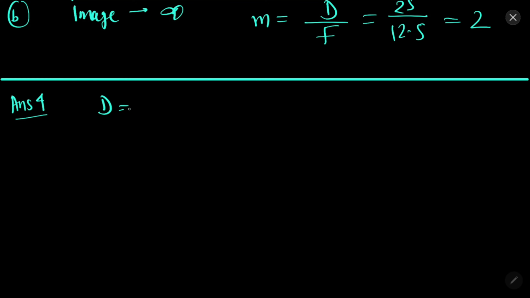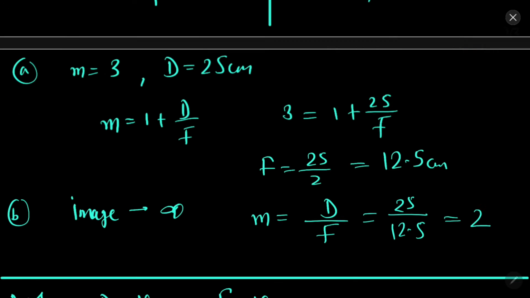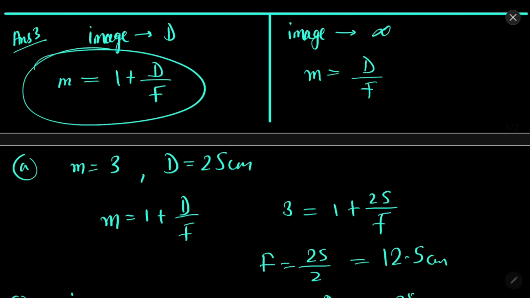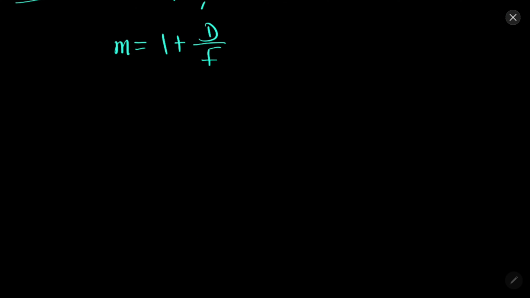We have d equal to 10 centimeter because it is given. Then f is equal to 10 centimeter. So maximum angular magnification m is obtained by this formula. In this case because it is closest, it will be 2.